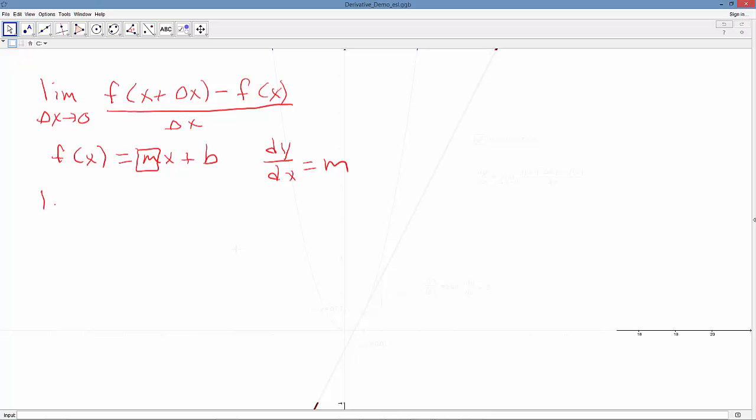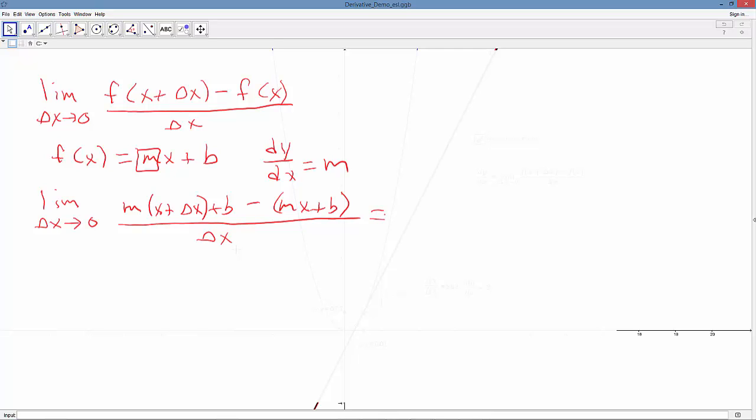So we've got the limit as delta x approaches 0 of m, so wherever, now this is at the point x2, so wherever we see an x, we want to plug in x plus delta x, because that's the x location of our point 2, plus b, minus mx plus b, divided by delta x.